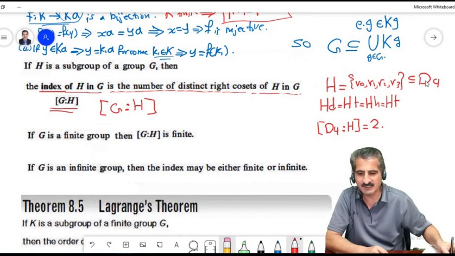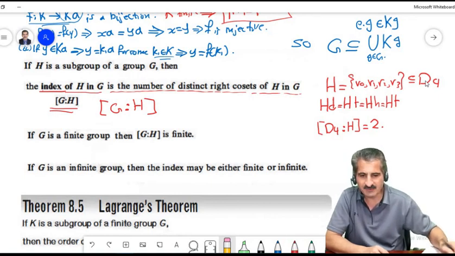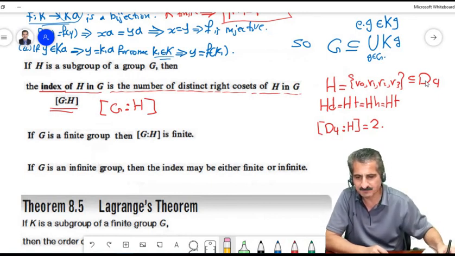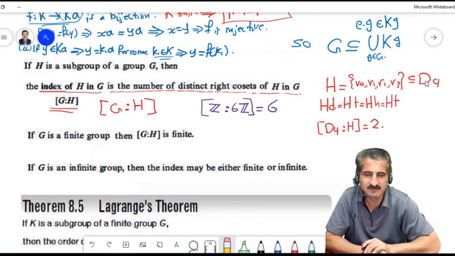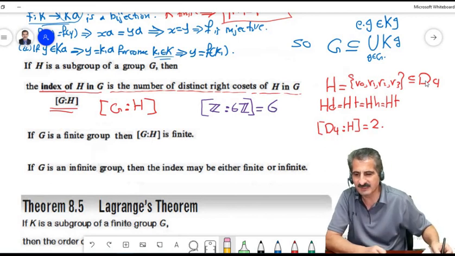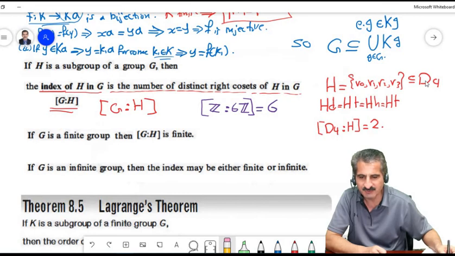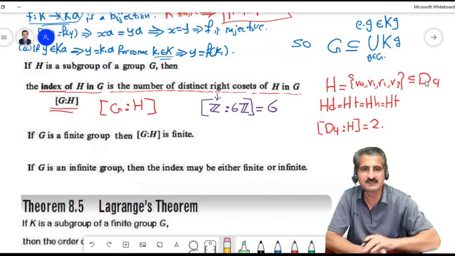Now, what about the index when we took the group to be Z and the subgroup was 6Z? How many right cosets do we have there? Actually, we have 6 right cosets. We can define this index and find it to be finite, even if the group we are working in is not finite.